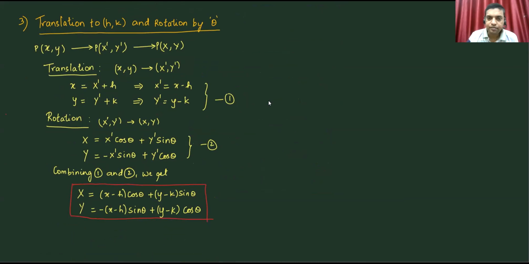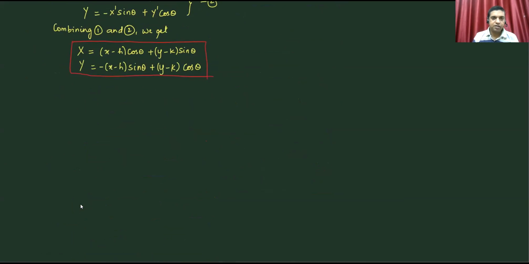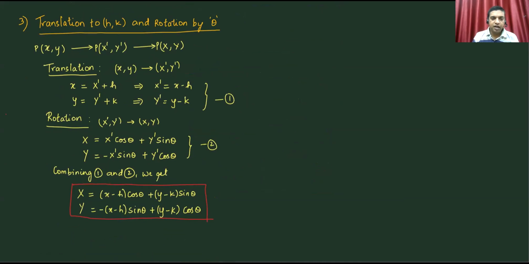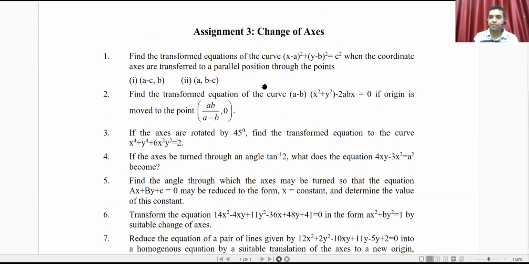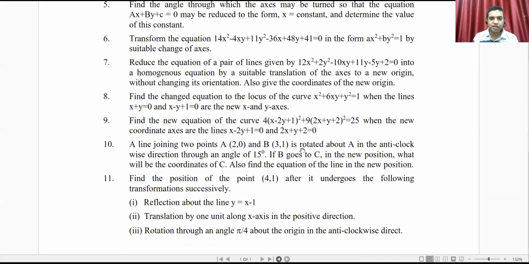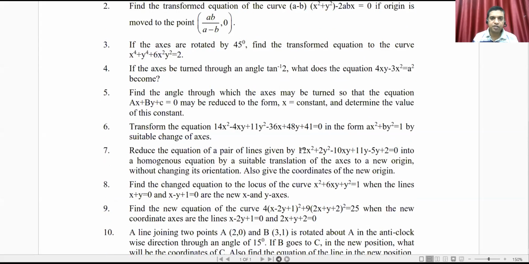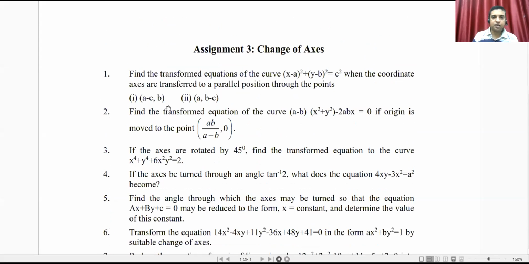All right. So now we'll do some examples. Now I will be sharing with you this particular assignment sheet, so we'll take problems from here itself. I will do a few problems here and a few problems I'll leave for you to do. They're a good set of problems.